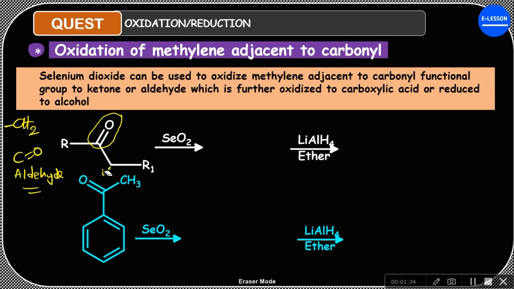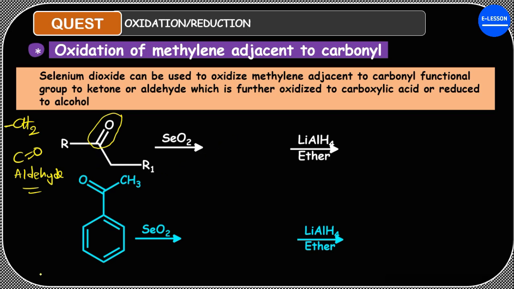So this group can be oxidized. Why? Because two hydrogens are removed from here and then oxygen is introduced. Whenever hydrogens are removed and oxygen is introduced into a reaction, such a reaction is said to be an oxidation reaction. So in this regard, this group here will be oxidized to give us a ketone, right?